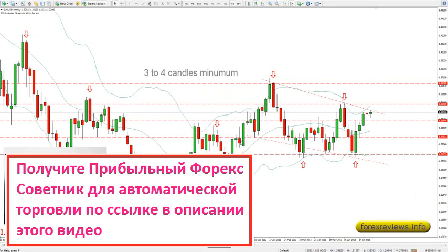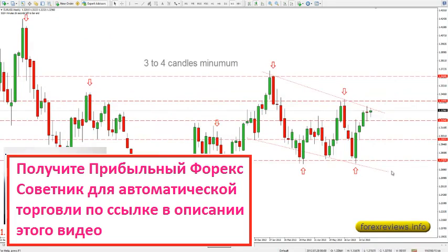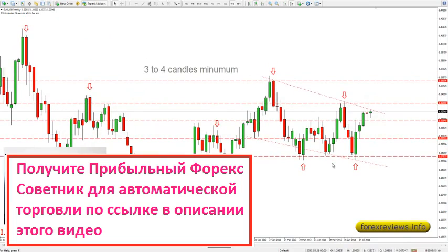Actually, you would have. It wouldn't have made a difference. So basically, in a nutshell, the majority of the time you're going to be right, but sometimes you are going to be wrong. But as you can see, this one still went nearly 80 pips in your favor, and this one went nearly 50 pips in your favor.